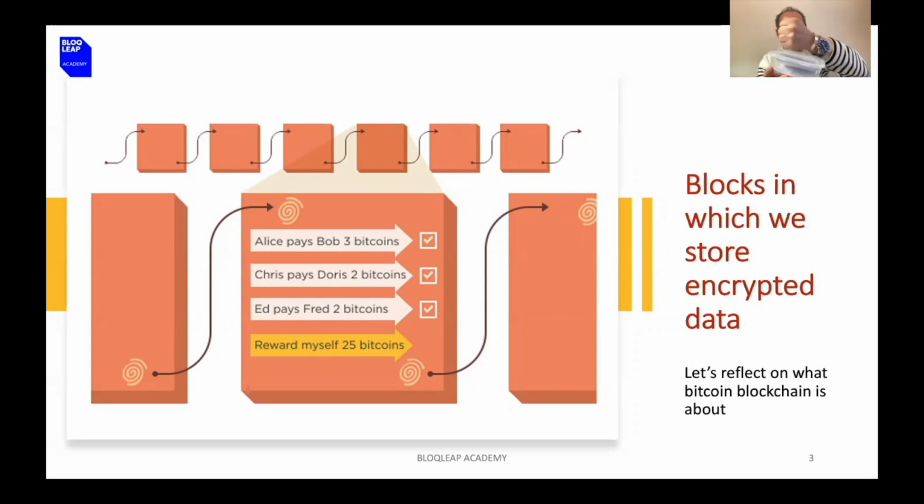You put it together and then you hash it. This is going to create one number, the one you've got here, and this is going to be the hash for the block.